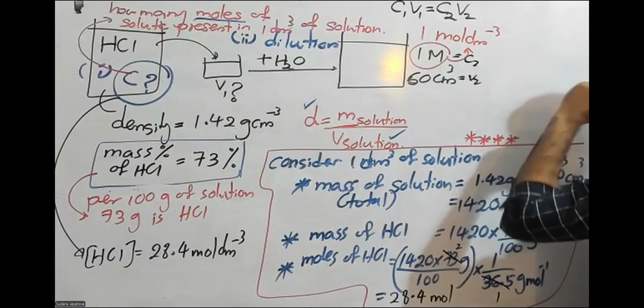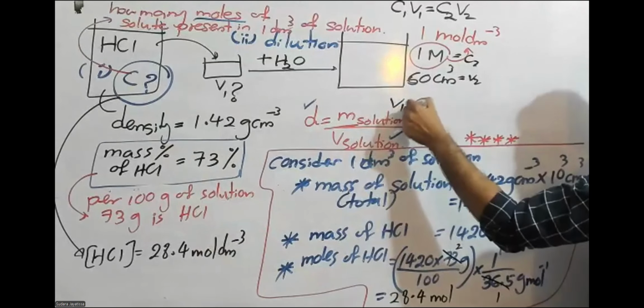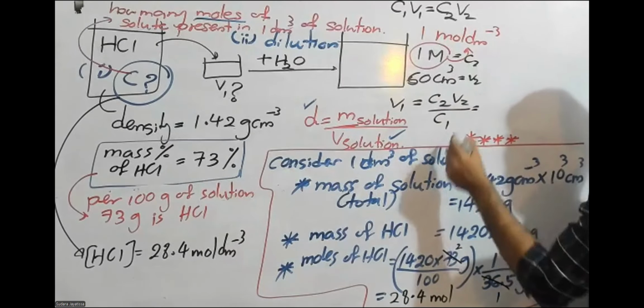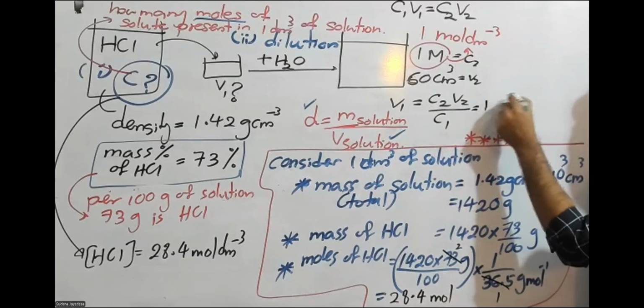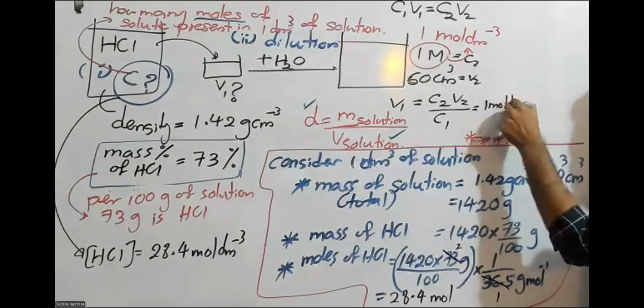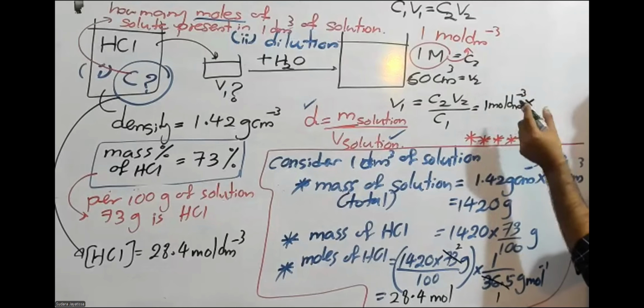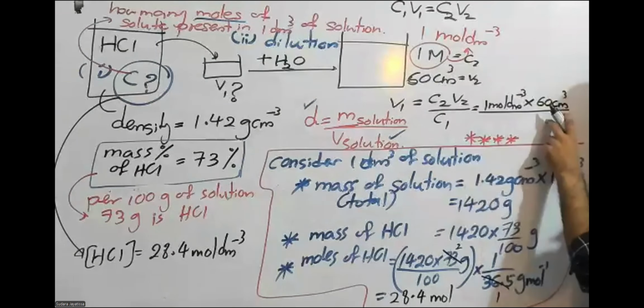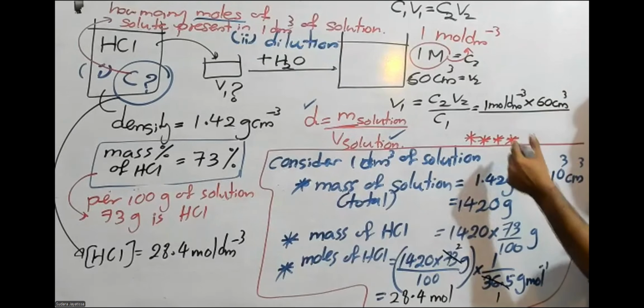So V1 equals C2V2 over C1. C2V2 is 1 mole per decimeter cube into volume 60 centimeter cube. If I apply centimeter cube, I will get the answer also in centimeter cube.